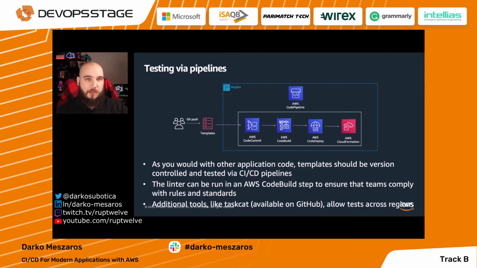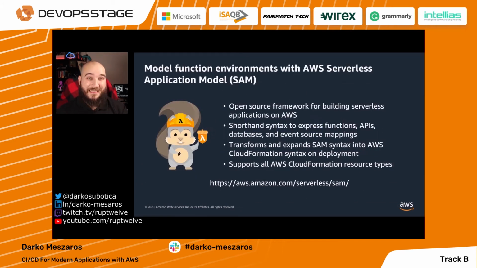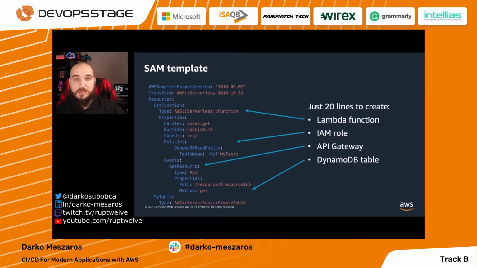Now, I cannot talk about CloudFormation and serverless without mentioning CloudFormation's younger little brother, SAM. SAM is the Serverless Application Model. Basically, it's the same thing as CloudFormation, but it's very much focused on serverless because it has specific transformations and functions that allow you to do better things for serverless applications. Here's an example.